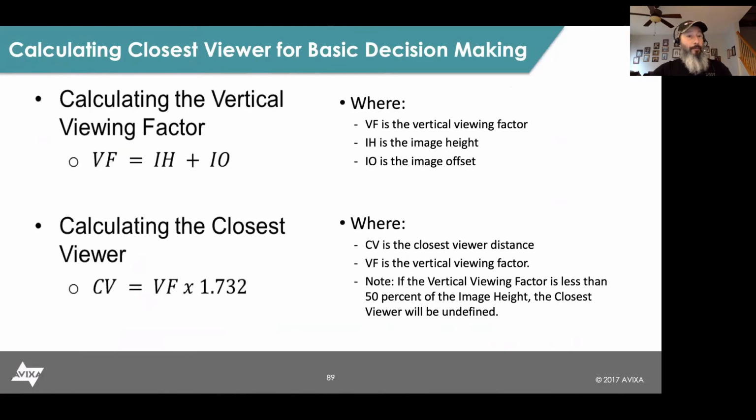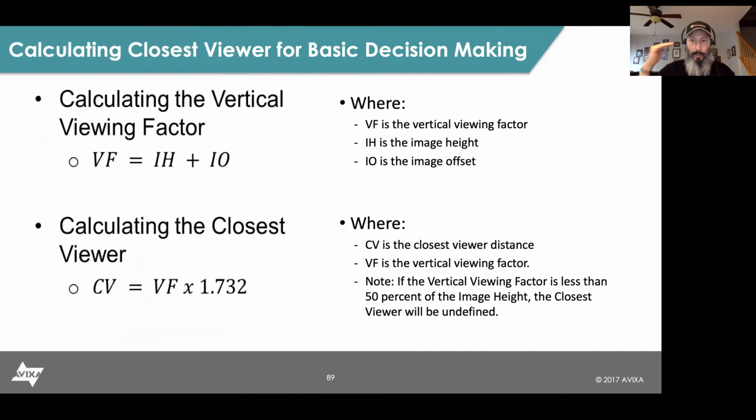This is the vertical viewing factor, how wide we can see at that closest viewer. To do this, I need a couple things. The viewing factor is the image height, so say it's a 60-inch tall image, plus the image offset. The offset is how high or low the image is relative to our eye height. That's why we enter the eye height on the calculator. If the image height is 60 and the bottom of the image is at 48 and my eye height is 48, there's zero offset, so my viewing factor is 60.